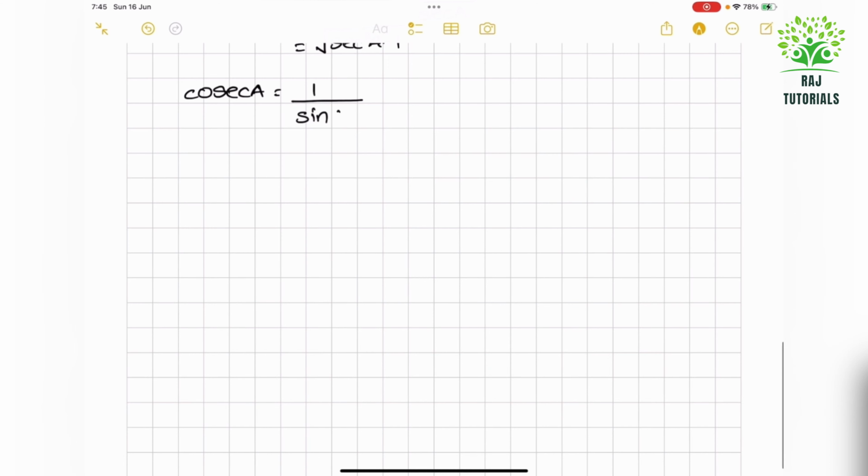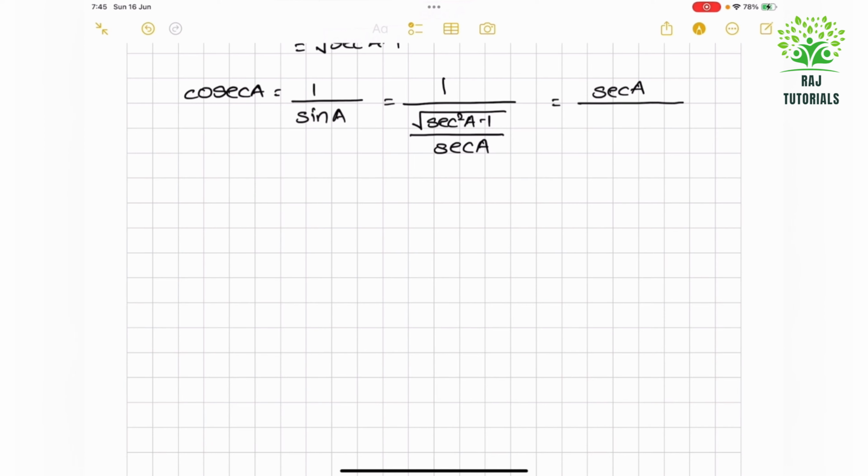Now cosec A equal to 1 upon sin A. So same again sin A value I will be putting. So that will be 1 upon root of sec square A minus 1 upon sec A. So I will get sec A upon root of sec square A minus 1.